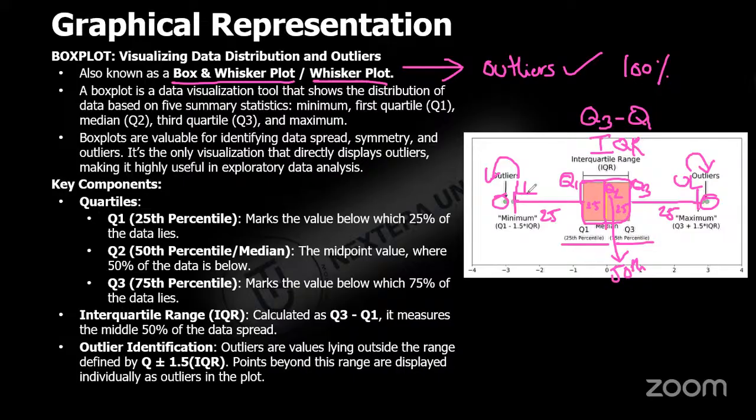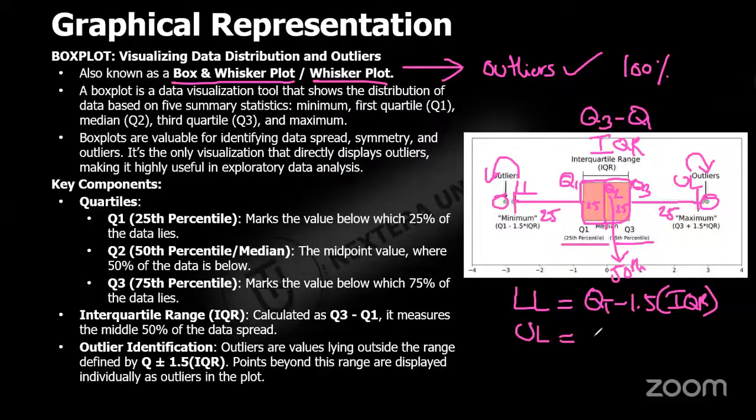But how are these limits calculated? Again, we have a formula. For lower limit, the formula is Q1 minus 1.5 times IQR. Once after calculating IQR, I'll use Q1 and substitute both the values. I'll get lower limit.